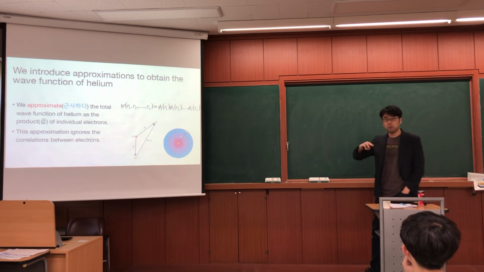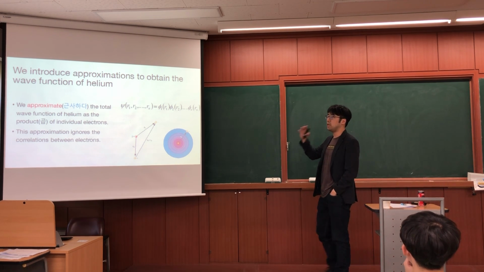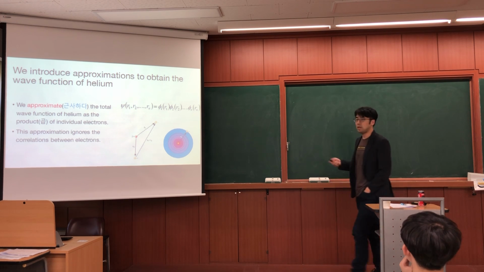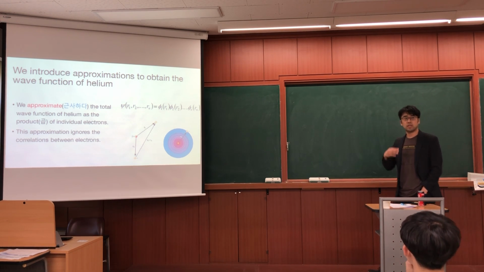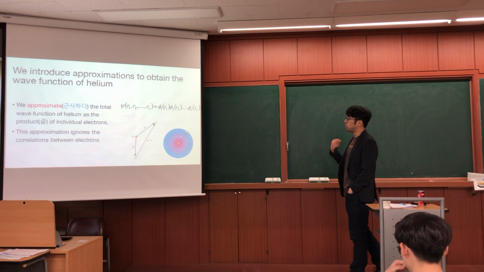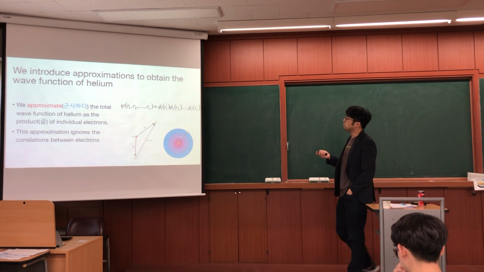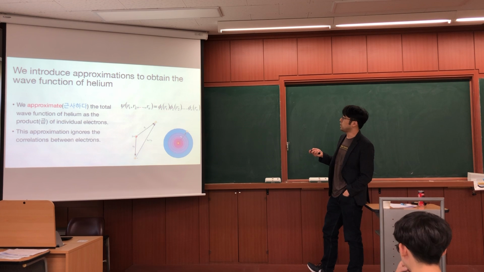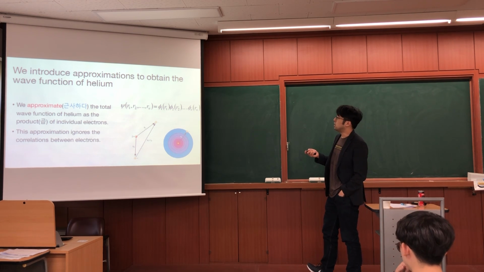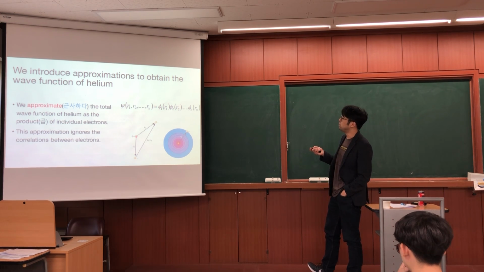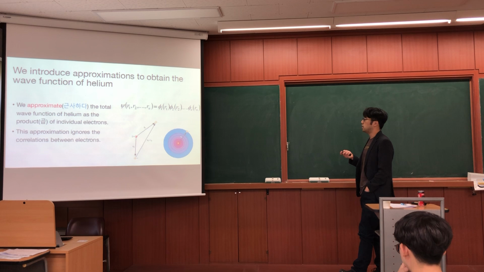So we have to deal with the properties of many electrons, but as we have discussed before, solving the Schrödinger equation of a many-electron system is not easy. So we generally approximate the wave function of a multi-electron system as a product of individual electrons. Here, we generally ignore the correlations between electrons.